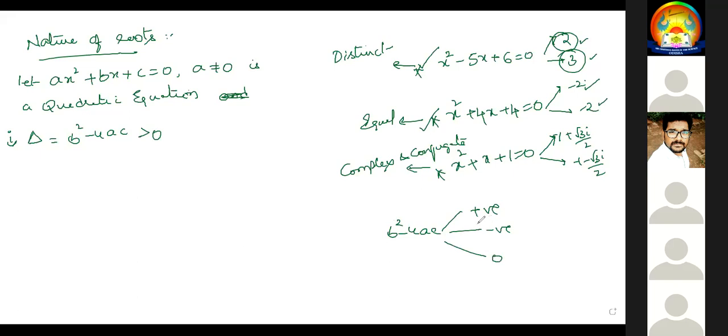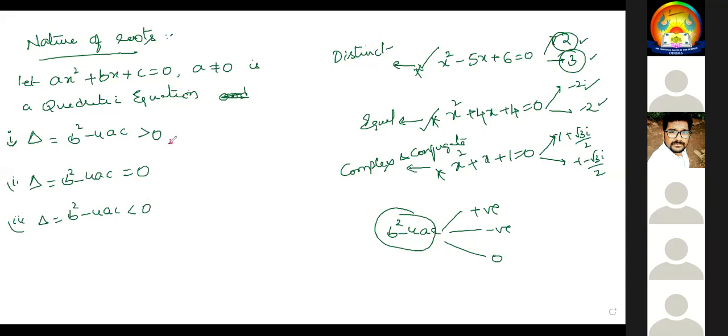In the same way, delta, which is b square minus 4ac, may be equal to 0, or it may be less than 0.